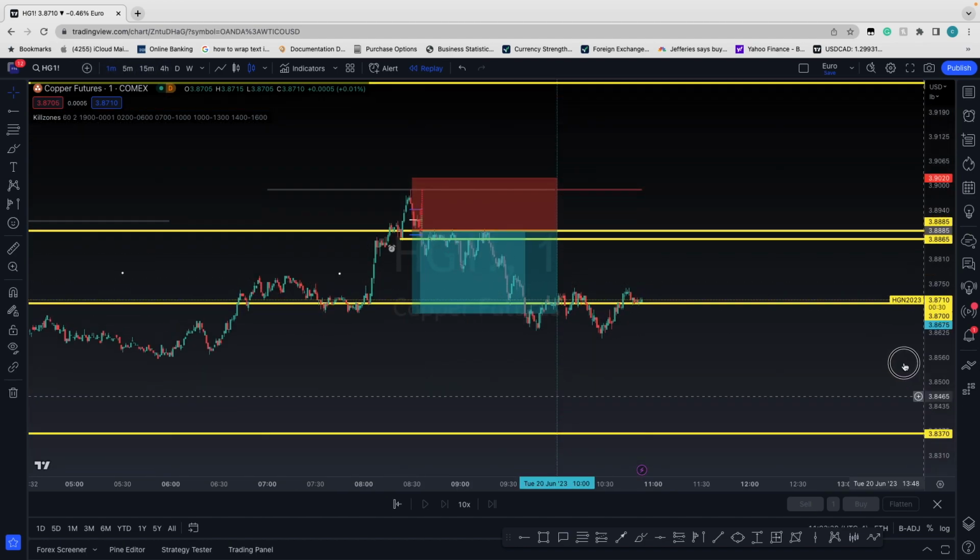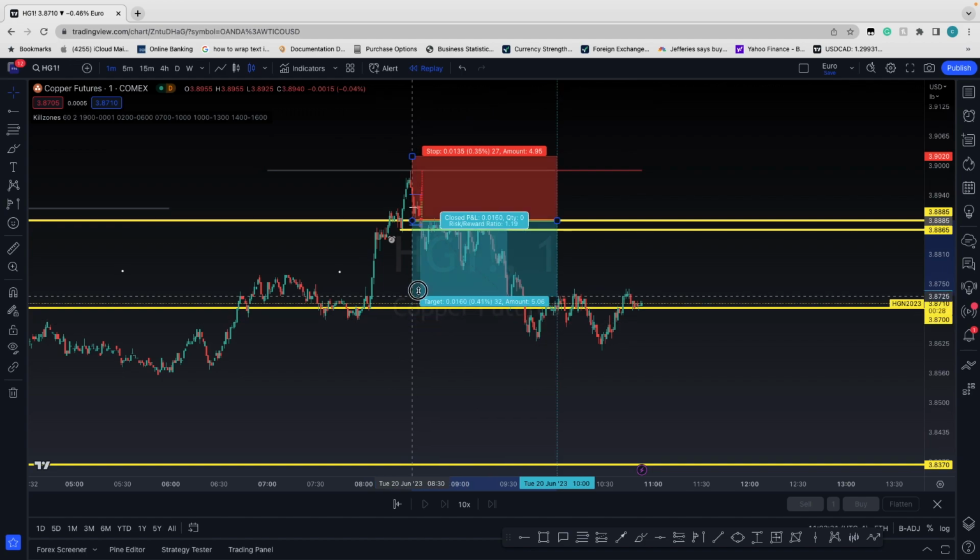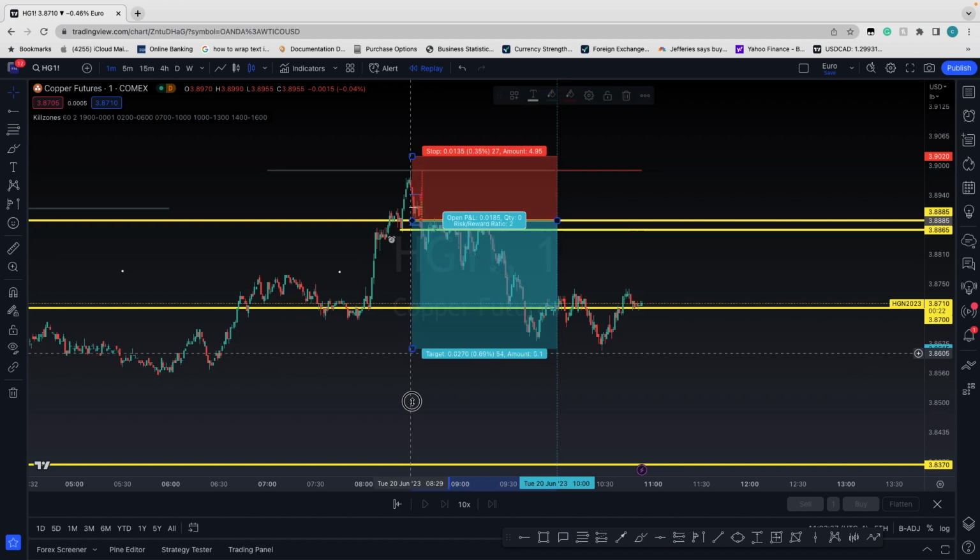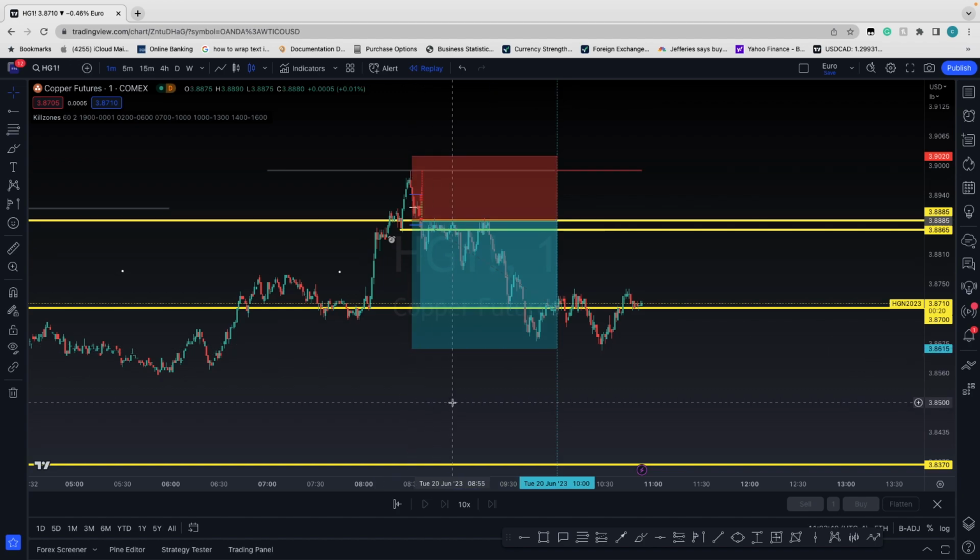But what I do is I'll go 1%, I take 25% of the trade off, then at 2%, I would take another 50% off, right? So in that sense, I've taken 75% of the trade off and I have 25% left to run for what would be 3%.